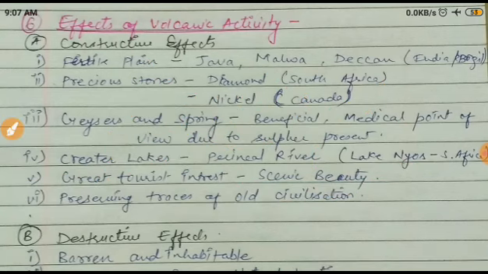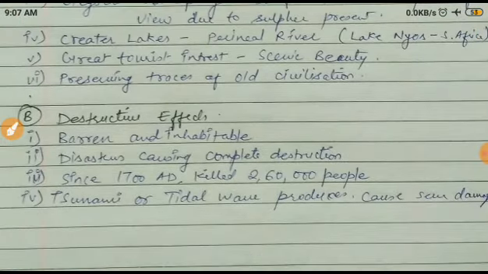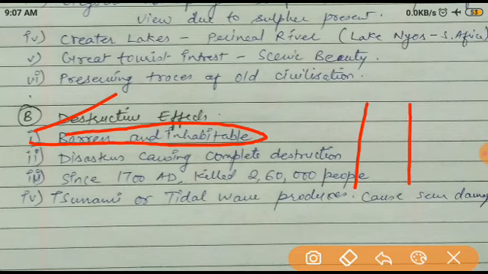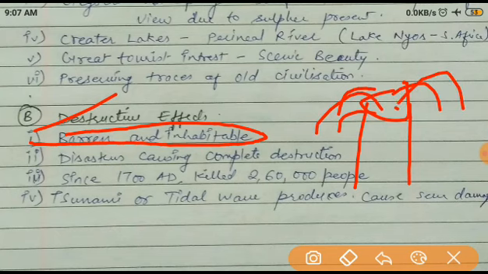So these are all the benefits, the constructive effects of the volcano. Now let's see the destructive effects of volcano. What are the destructive effects? Barren or uninhabitable land. Barren or uninhabitable land means, if a volcano erupted near your house, could the whole area be lived in?